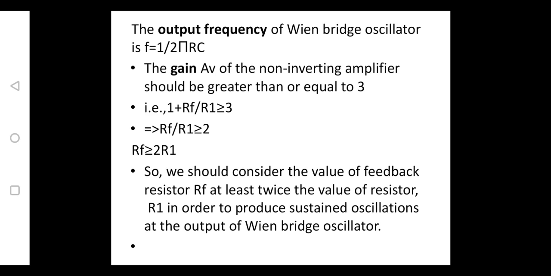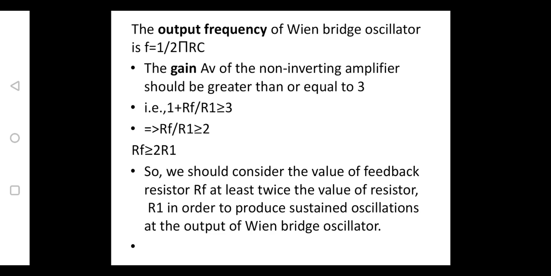The gain of a non-inverting amplifier is 1 plus Rf by R1, which should be greater than or equal to 3. So Rf by R1 should be greater than or equal to 2. So here we need to consider the feedback resistance to be at least twice that of the input resistance, so that we can get sustained oscillations at the output for the Wein bridge.